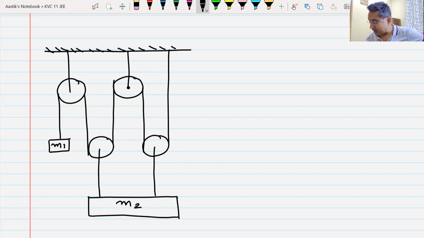I am assuming here that M2 is going down. You have only 1 minute to solve it, because if you cannot do it in 1 minute, it is of no use in the examination hall. And this is X1. M1 is going up and M2 is coming down. This is the condition given. Can you tell me the relation between X1 and X2?